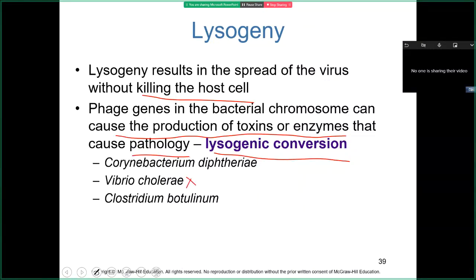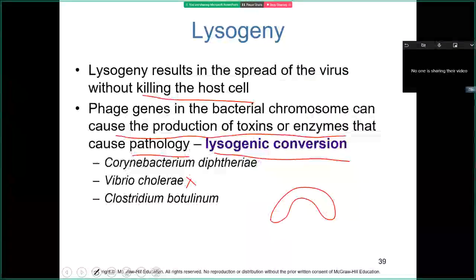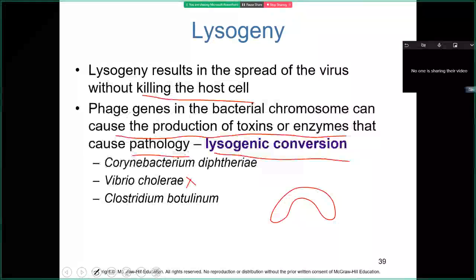Same with Vibrio cholerae, and this causes cholera. Remember, it's a Vibrio, so that means it's got this sort of comma-shaped morphology. It's a rod, but it's bent into a C, so that's typical of the Vibrios. But these usually live in brackish water, or sort of mildly salty water along coastlines.